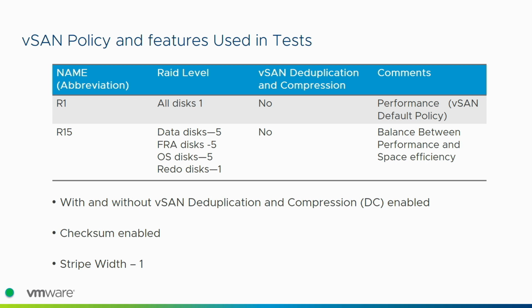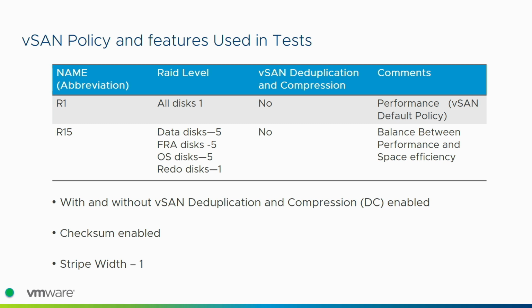From the storage policy perspective, here's why I'm saying vSAN can bring benefits to Oracle. For different purposes, you can have different configurations. There's no best configuration or worst configuration. It's all about trade-offs. You want performance, and you probably lose some capacity. You want capacity, you may have some performance overhead, right?